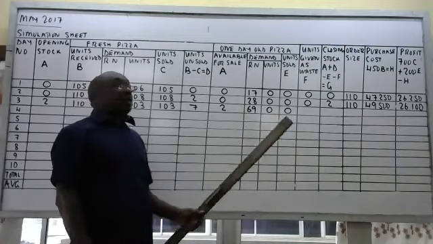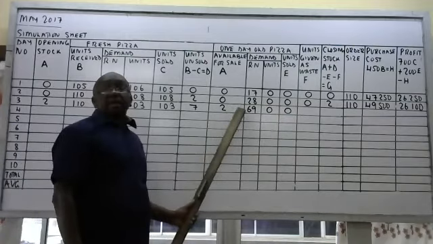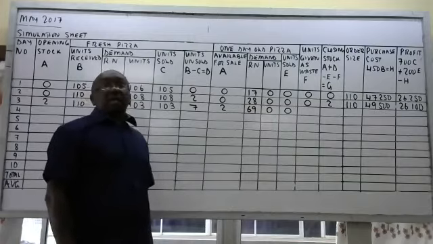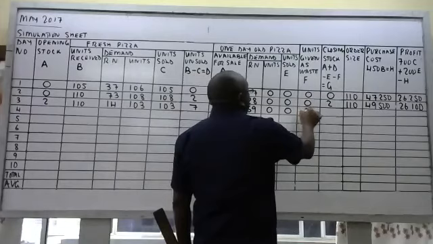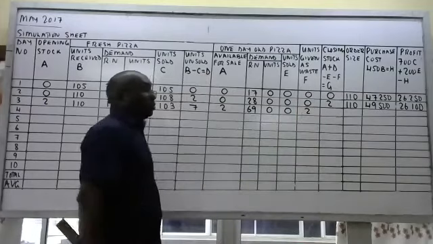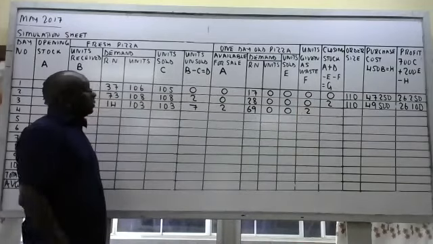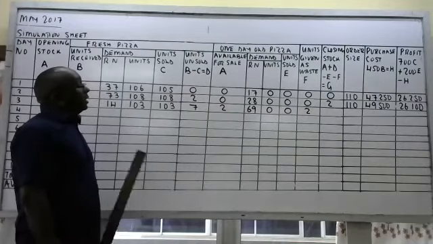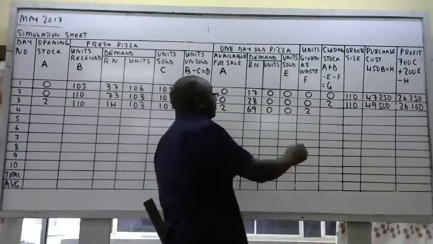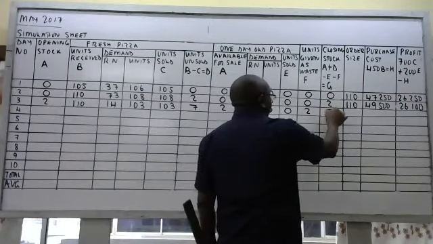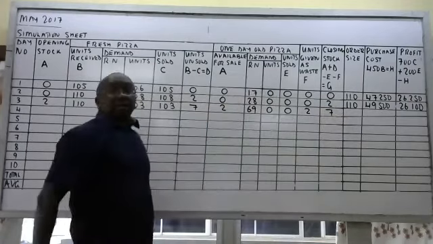So is it time to donate these 2 or to throw away? Yes, it's time to throw away because they have not been sold. So the ones thrown away as waste, 2. And the closing stock now remains to be how many units? 7.